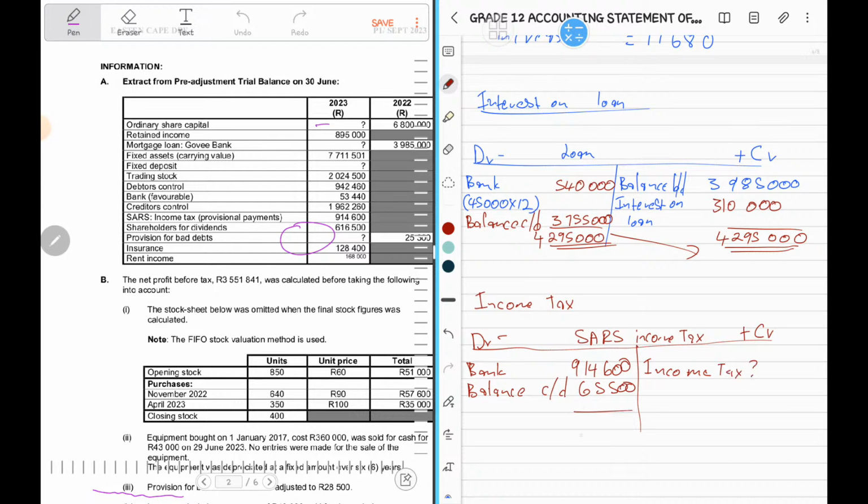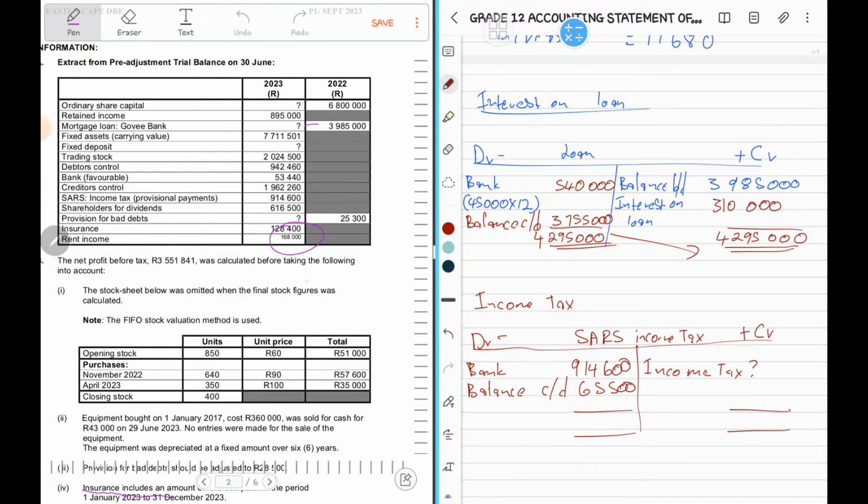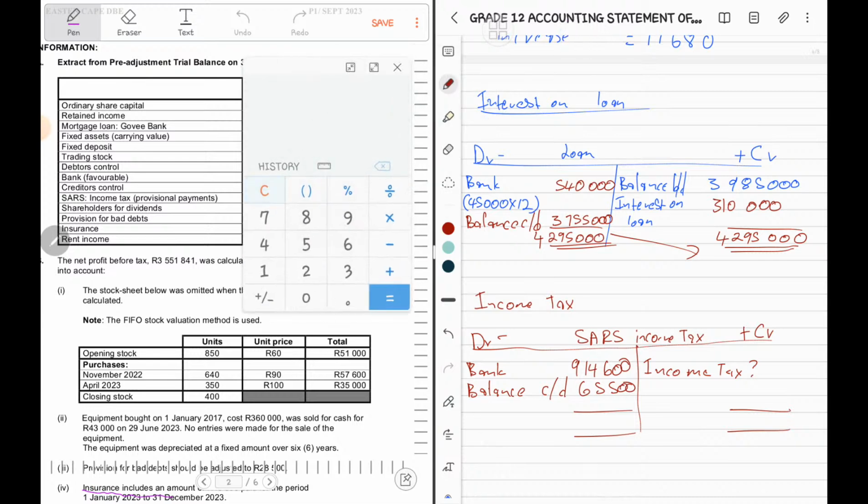So we are to add the bigger side first. So the bigger side will be the debit side. So it will be how much? It will be 914,600. Then we add 65,500. That gives us 980,100.